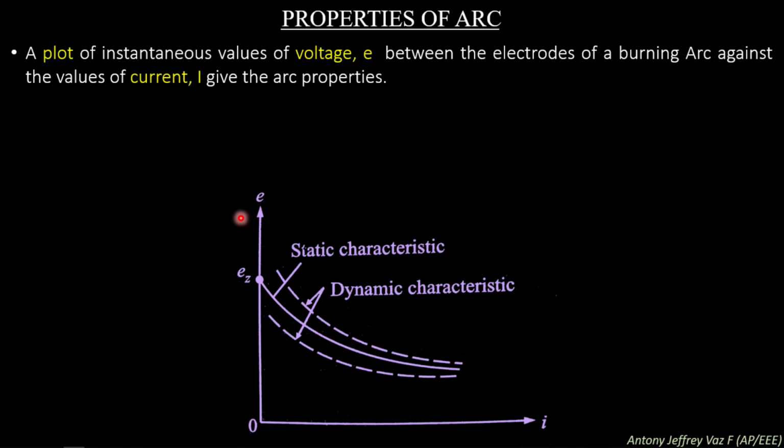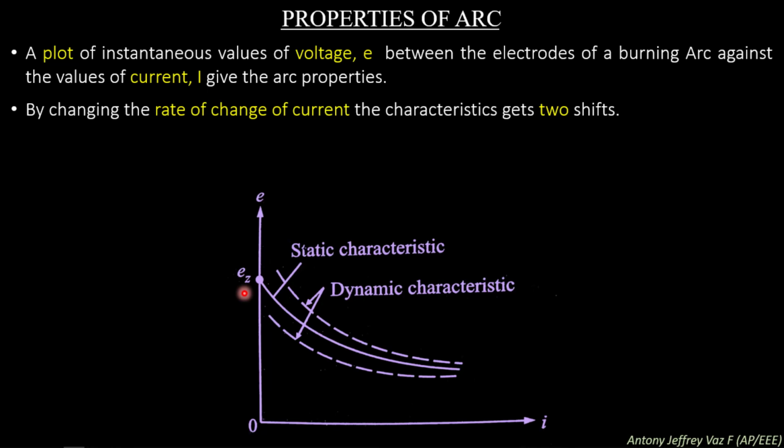The voltage is taken between the electrodes of the burning arc. So this voltage is the arc voltage, which is measured between the two electrodes. This is the maximum voltage Ez that occurs during the period.